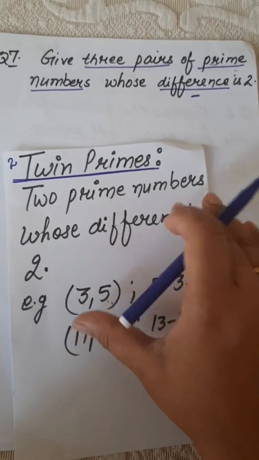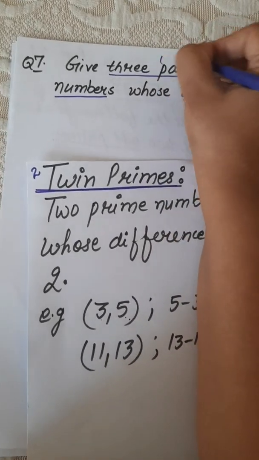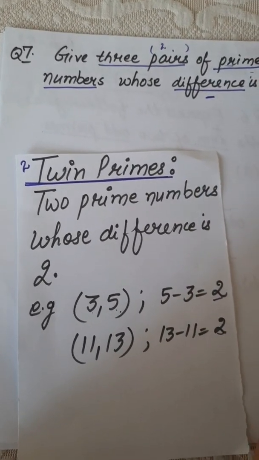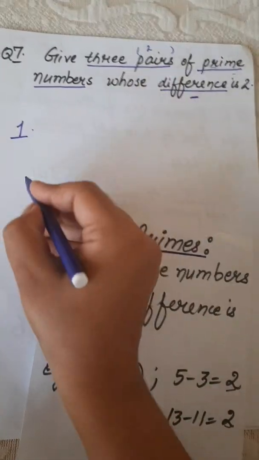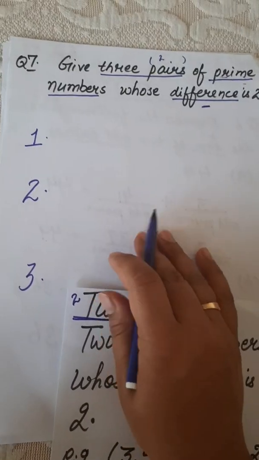So here I have to write pairs of twin primes, 3 pairs. We use the word pair for 2, like a pair of shoes. In this only 2 quantities are there. So similarly we have 2 numbers. I have to write such 3 pairs whose difference is 2.